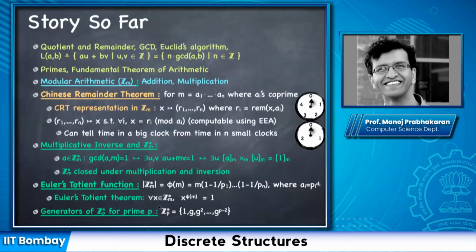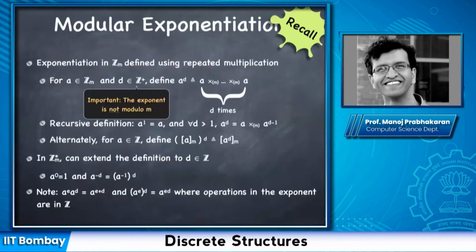All right, so now we'll try to put these things to use and work out a few examples and consequences of these facts. So let's start by recalling that we defined modular exponentiation both in Zm for positive exponents, and we also extended it in Zm star to all integers, right?